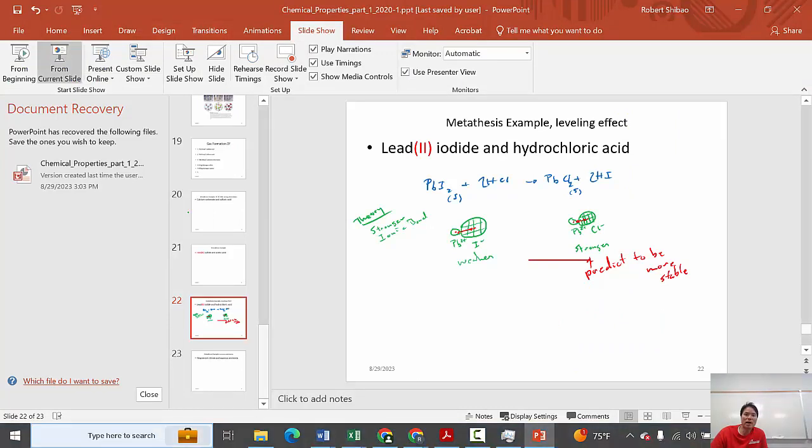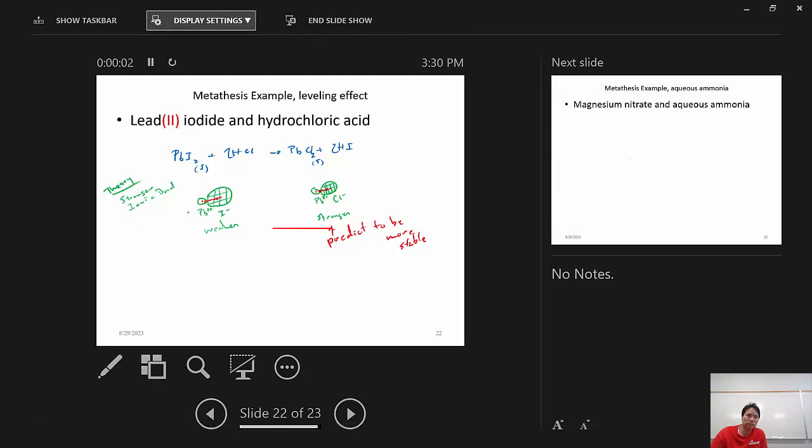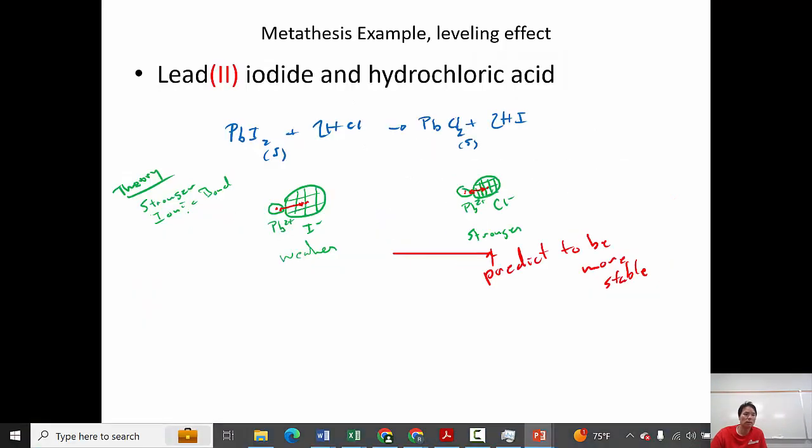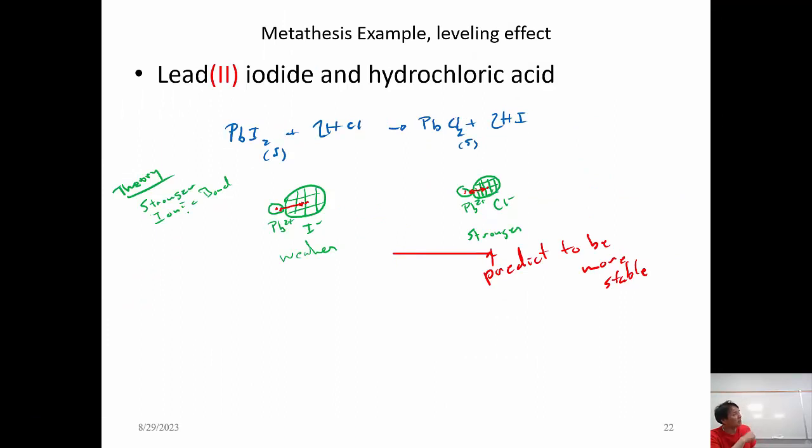What we predicted was that the ionic bond strength in PbCl2 should be a lot stronger and therefore harder to break apart. And so what's wrong? Is the experimental data wrong, or is my theoretical analysis wrong? Well, when it comes to experimental fact versus theory, you know which one always wins?